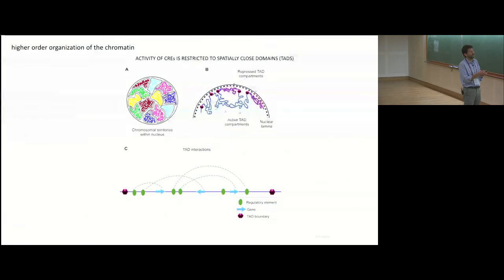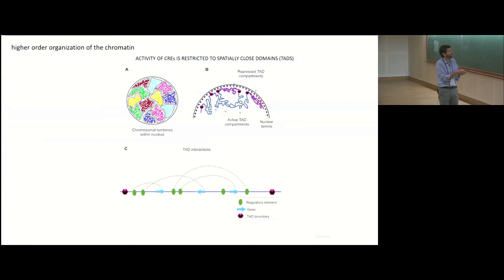So there are regions that will bend and get in closer proximity. All this piece of DNA in between these borders will be in close proximity. Everything within here will be prone to interact, while any other piece of DNA outside these borders won't be able to interact with them, or not that efficiently.